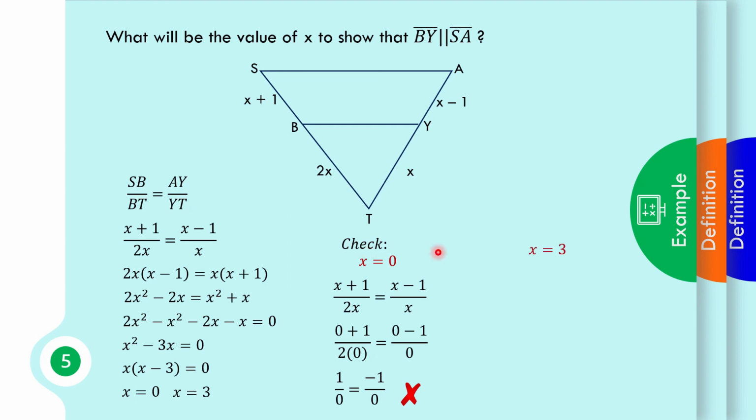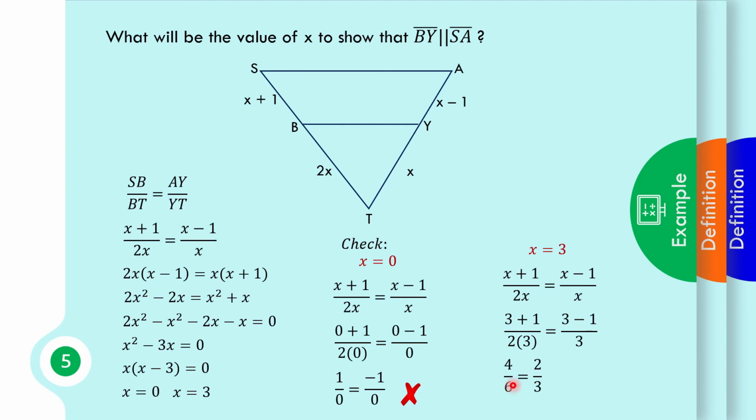Let us check whether x is equal to 3. Let us substitute 3 to our proportion x plus 1 over 2x is equal to x minus 1 over x. Therefore, we will have 3 plus 1 over 2 times 3 is equal to 3 minus 1 over 3, which is 4 over 6 is equal to 2 over 3.